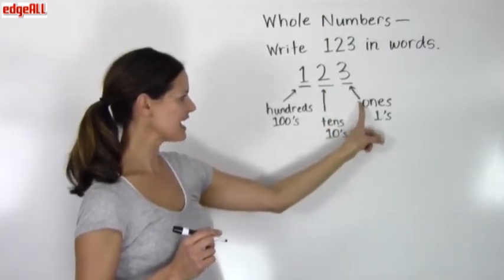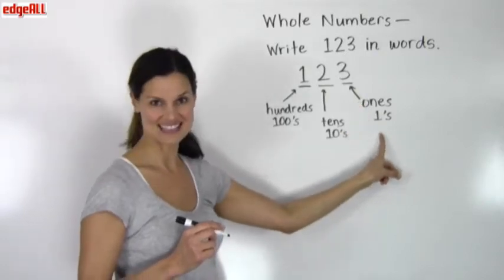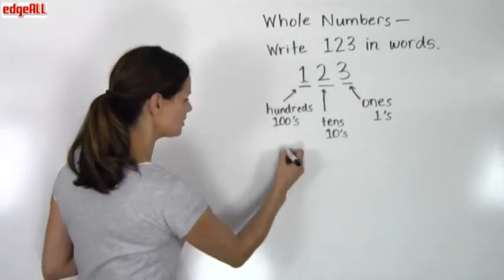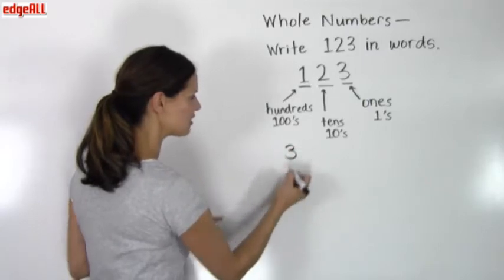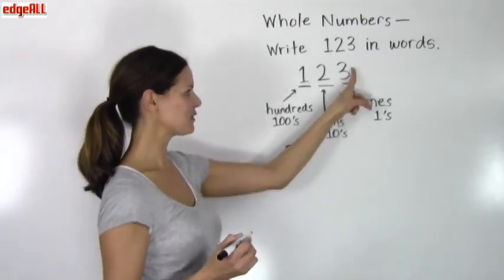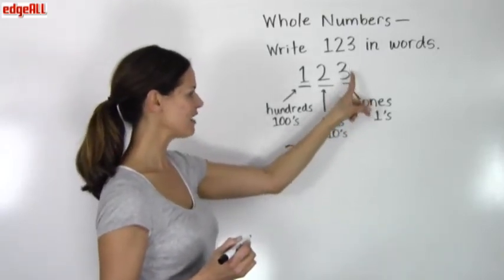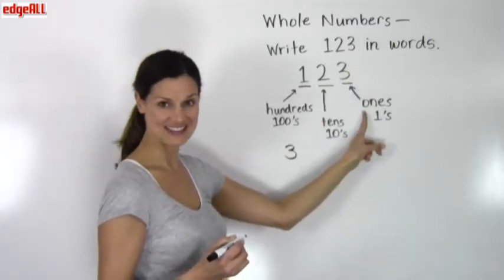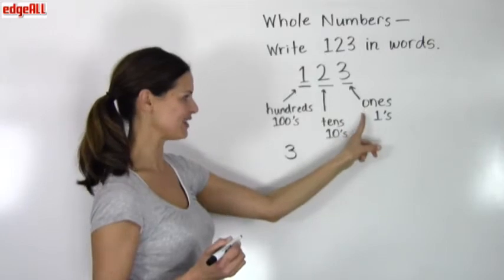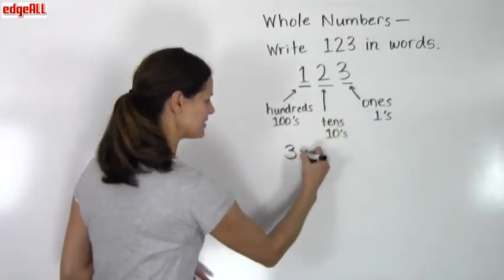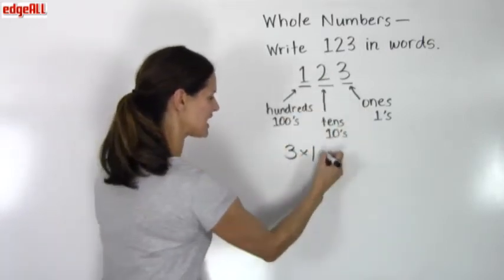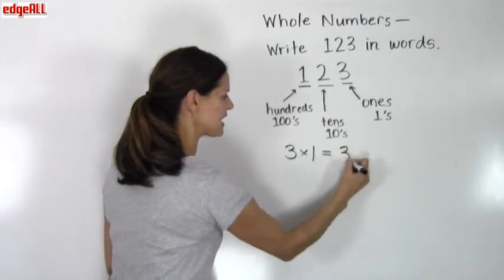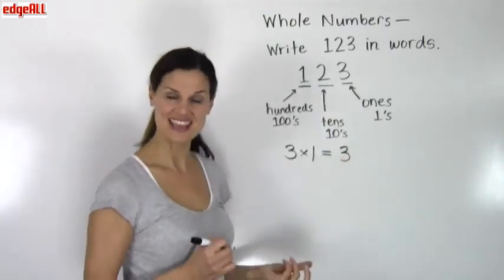Our 3 is in the ones place. And so in order to find the value of our 3, we take the face value of our digit and multiply it by 1, which is its place value in the ones place. So the actual value of this 3 is 3 times 1, which equals 3.